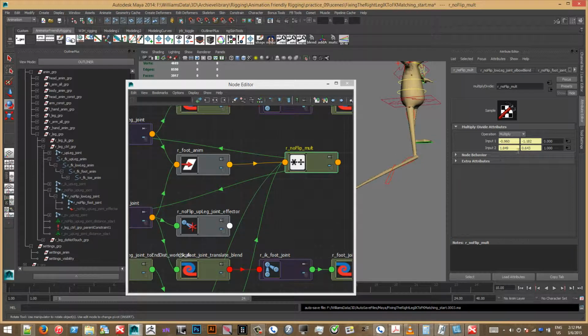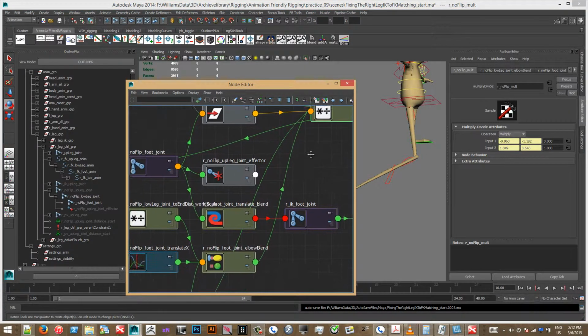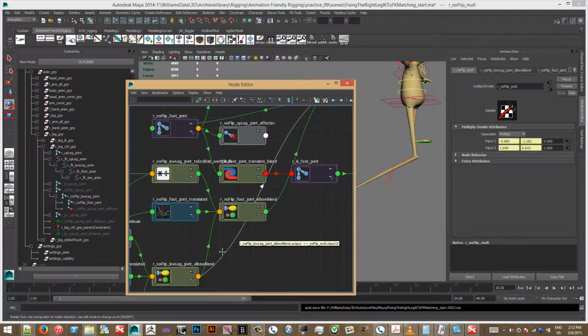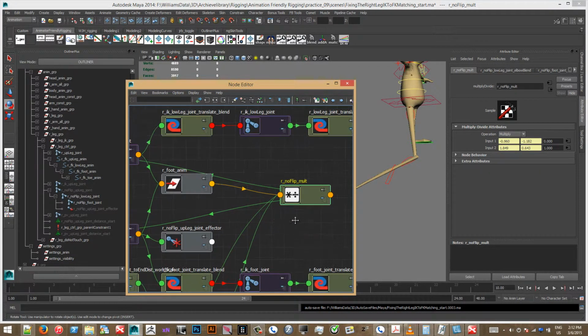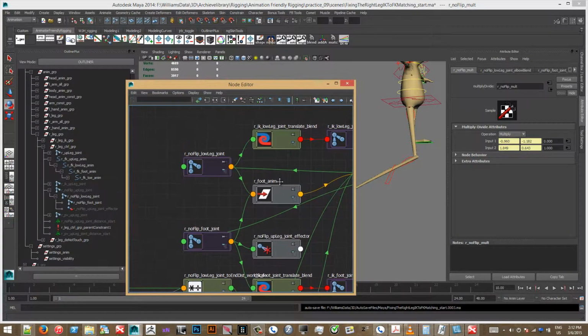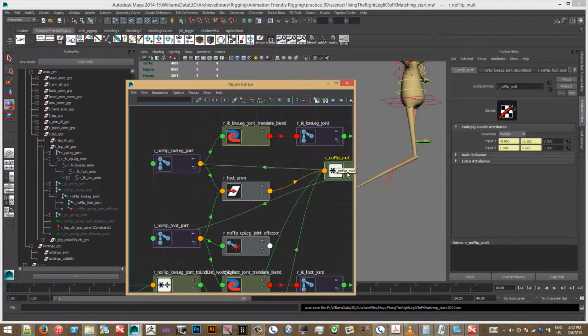Yeah, and that's being multiplied by a negative value here, and that's coming from this blend right here. And then the output of this is going into the R no flip low leg joint and the R no flip foot joint.